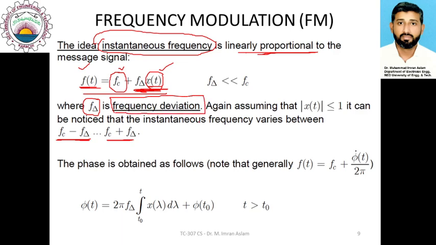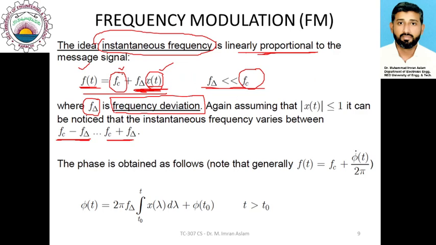Frequency deviation represents the maximum change that will be achieved when you are using frequency modulation. One important thing you should note is that this f delta should be much smaller than the carrier frequency. The carrier frequency should be large enough, and the deviation cannot be greater than the carrier frequency in any case.